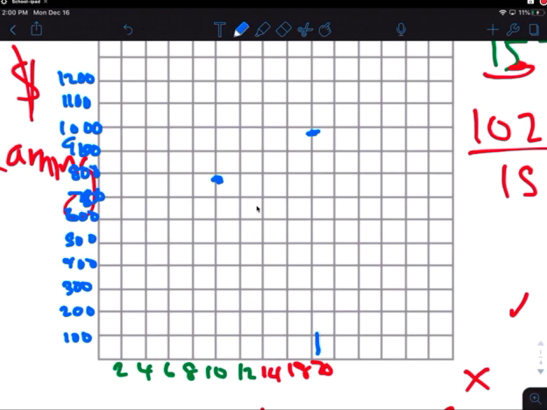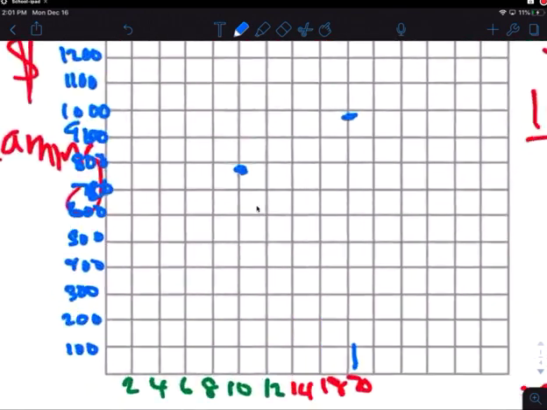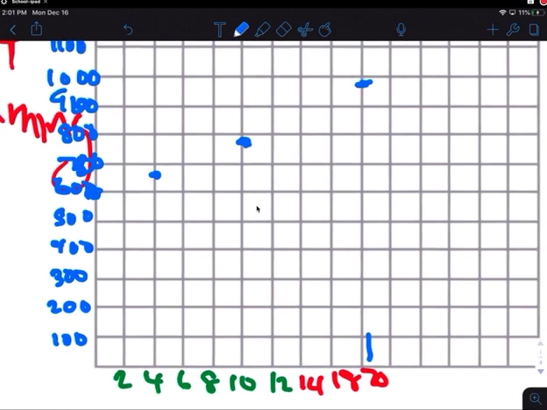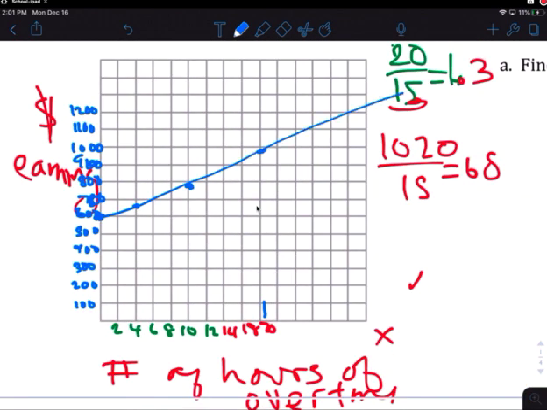And then the next one is 4, 670 something right there. And 0, 600 is right there, the y-intercept. Ernesto.